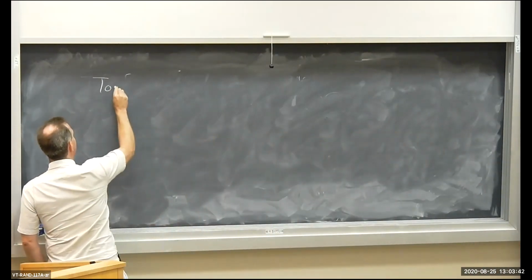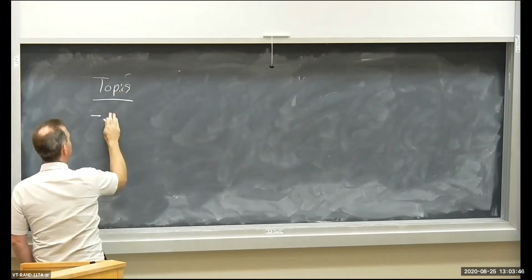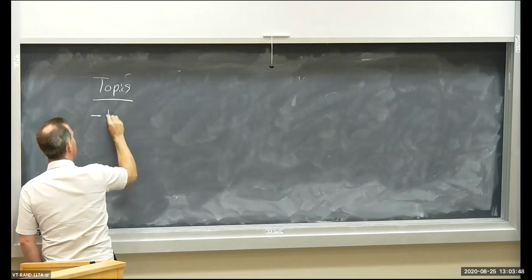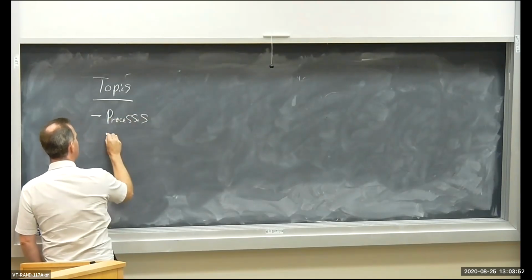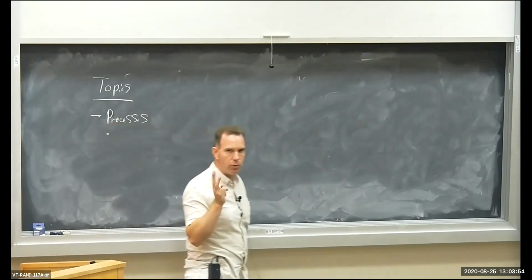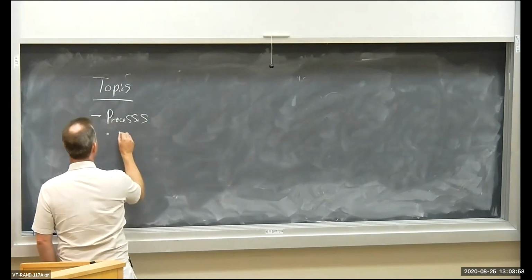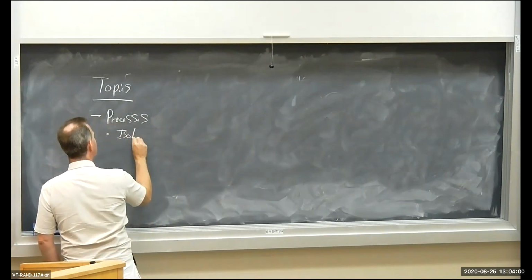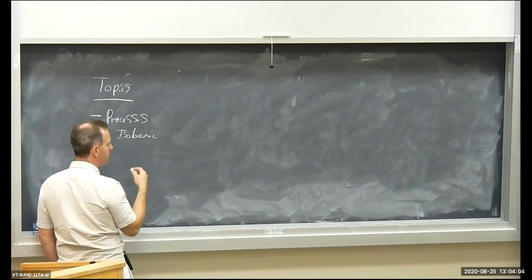So topics. We're going to finish off the introductory part of the course by looking at processes. In particular, we're going to look at 3 kinds of processes. Isobaric. We'll talk about what this is in just a moment.